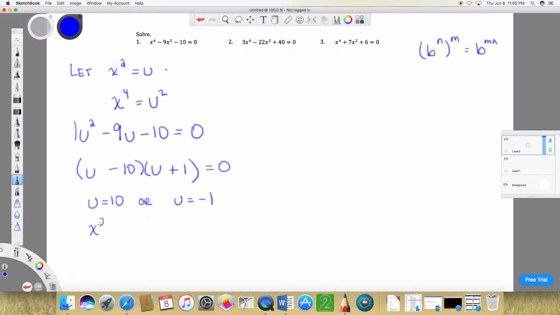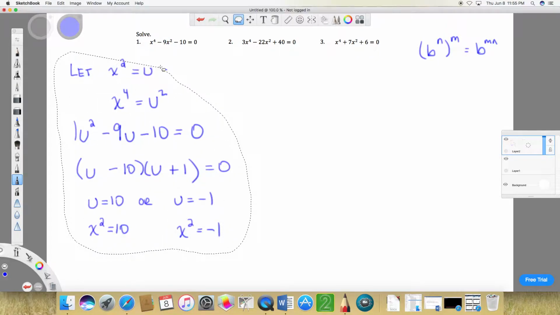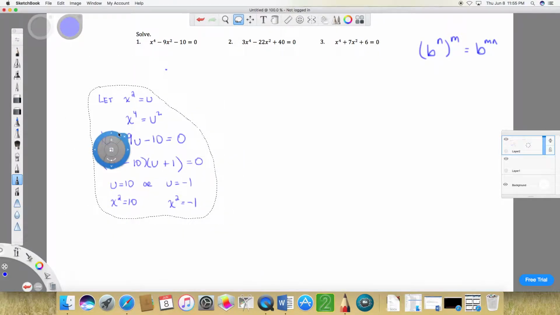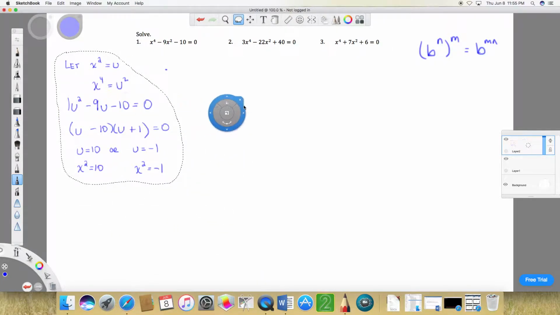So I have that x squared is equal to 10, and over here I have that x squared is equal to negative 1. Now that should give off warning signals that within the set of real numbers, that's impossible. How can you have a number times itself ever be negative within the set of real numbers? We can't. So this provides no solution right here.